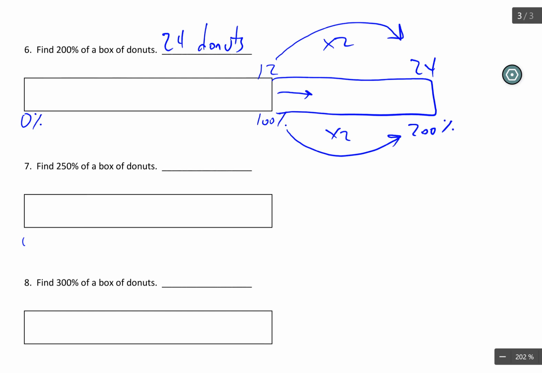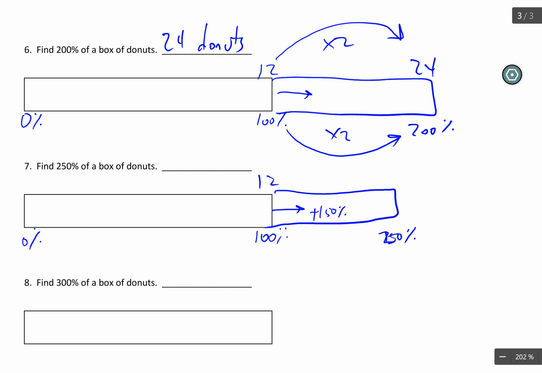250%, so again, that's going to be an increase. So, oh no, I'm sorry, 250%. So I'm adding 150.